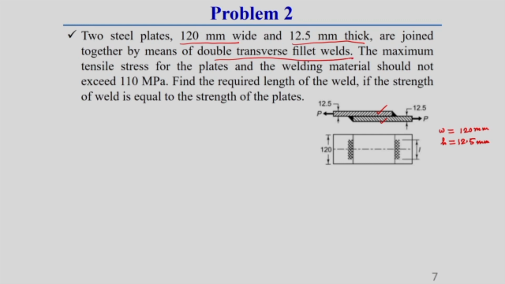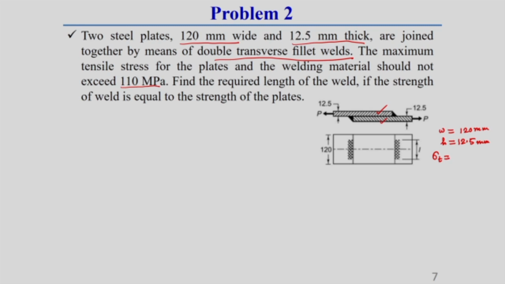The maximum tensile stress for the plate and the welded material should not exceed 110 MPa. So, here sigma T is permissible, that means it should not exceed this value in the weld as well as the plate material. So, this is the permissible tensile stress.